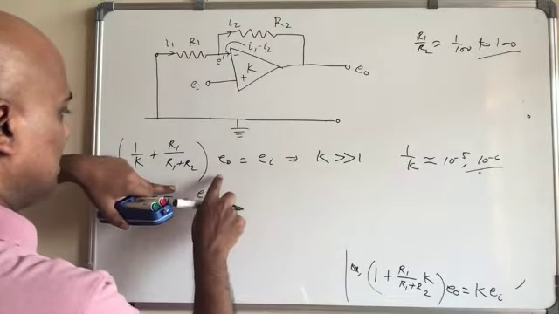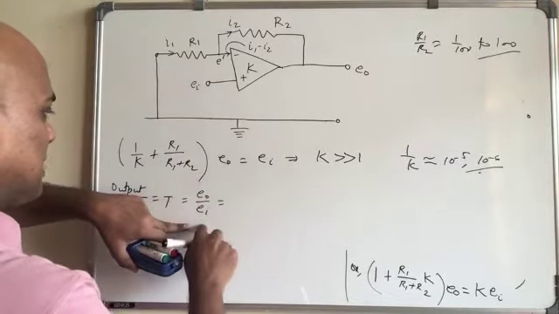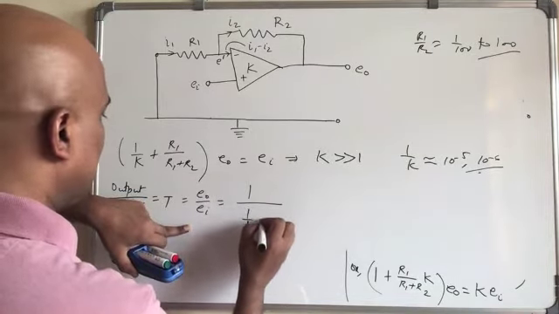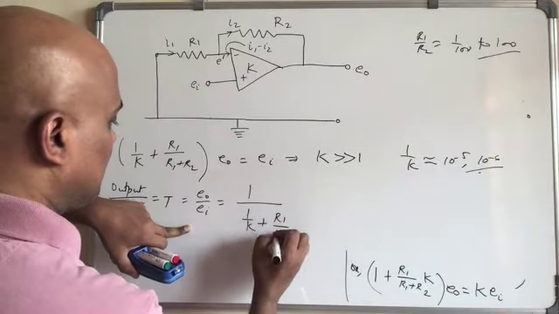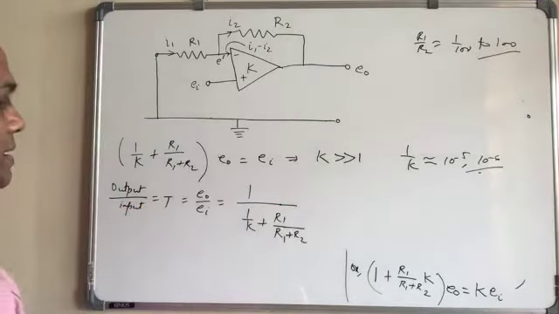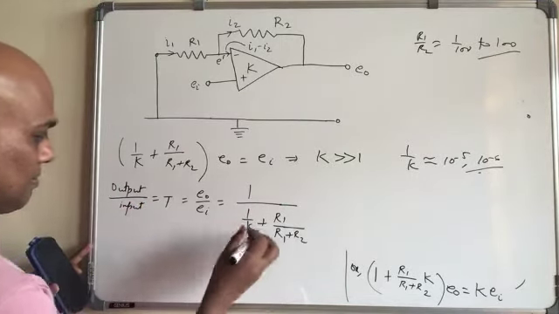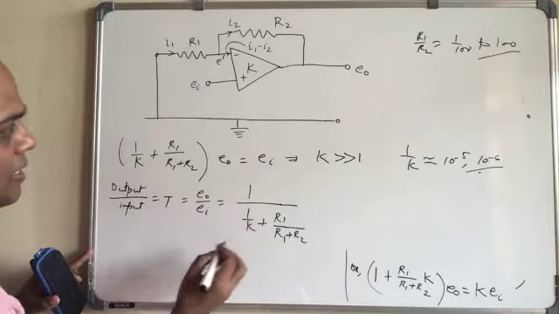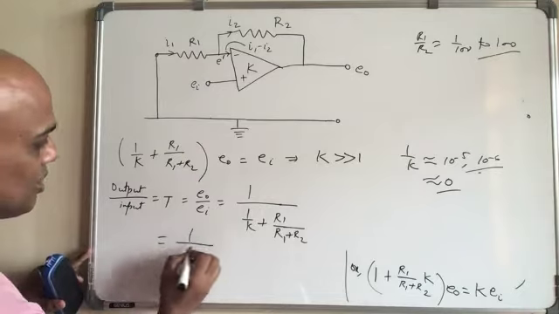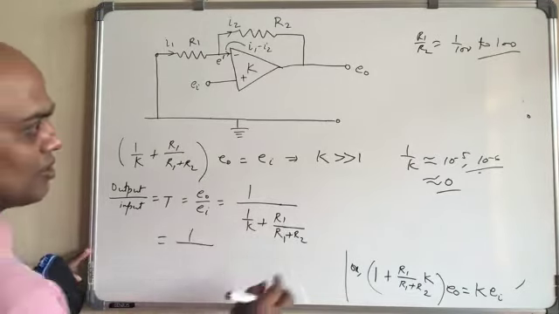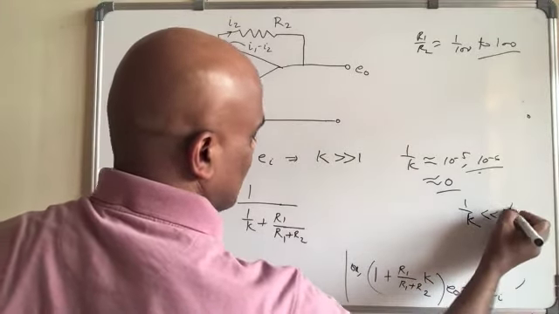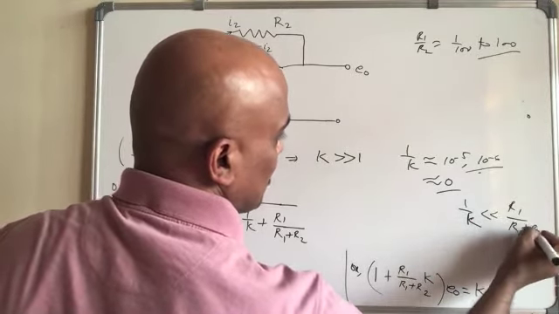So E naught over EI will be equal to 1 over (1 over K plus R1 divided by R1 plus R2). In this case, 1 over K can be neglected in comparison with this one. So we can say 1 over K is very much less than R1 over R1 plus R2.